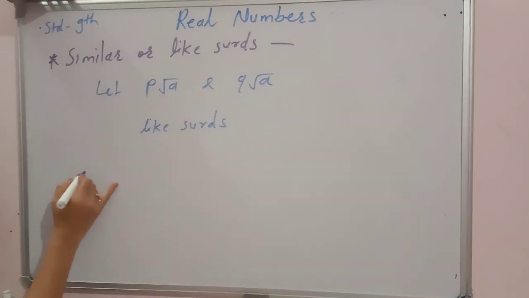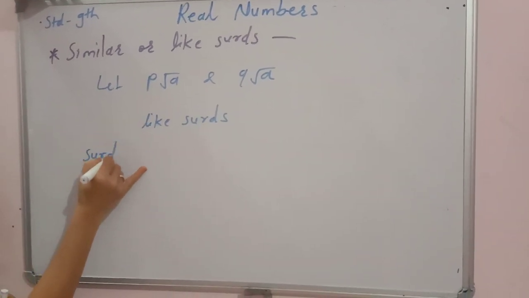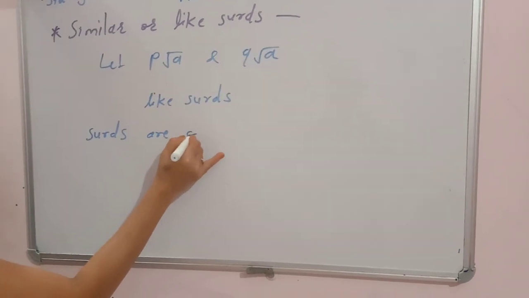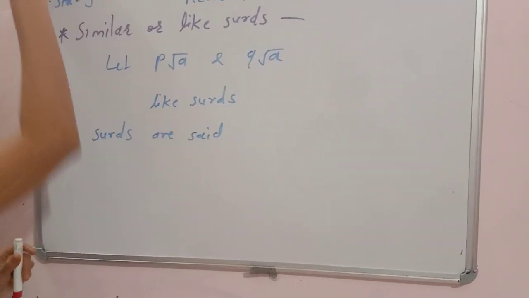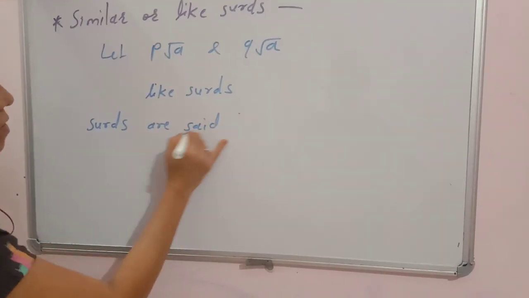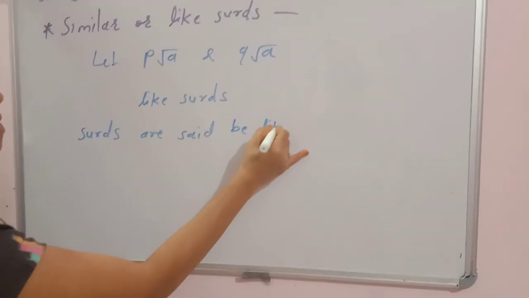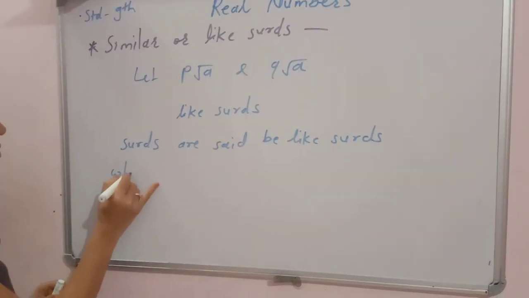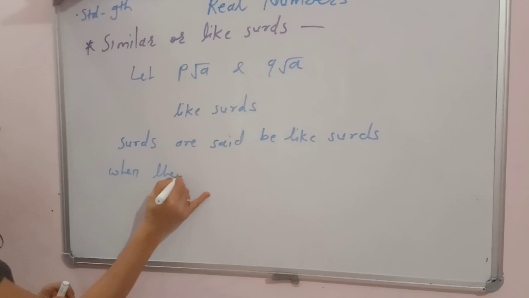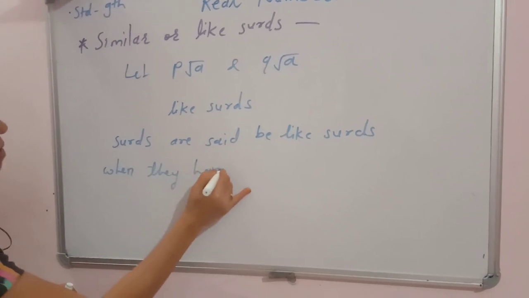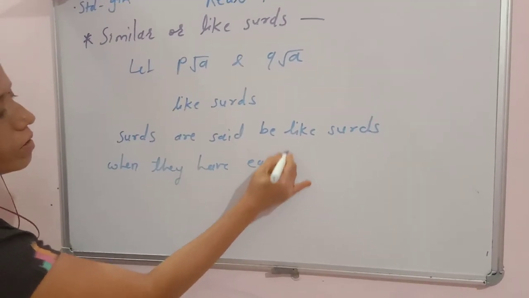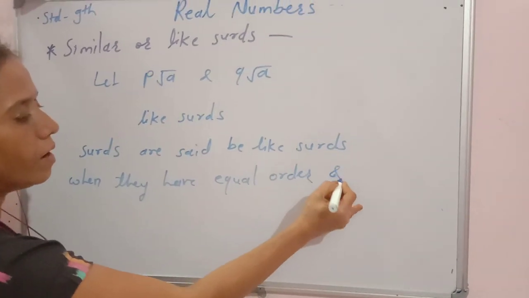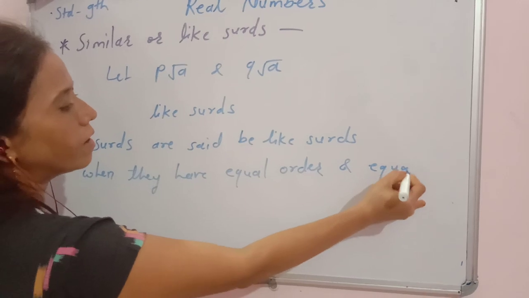So what is meant by like surds? Surds are said to be like surds when they have equal order as well as equal radicand.